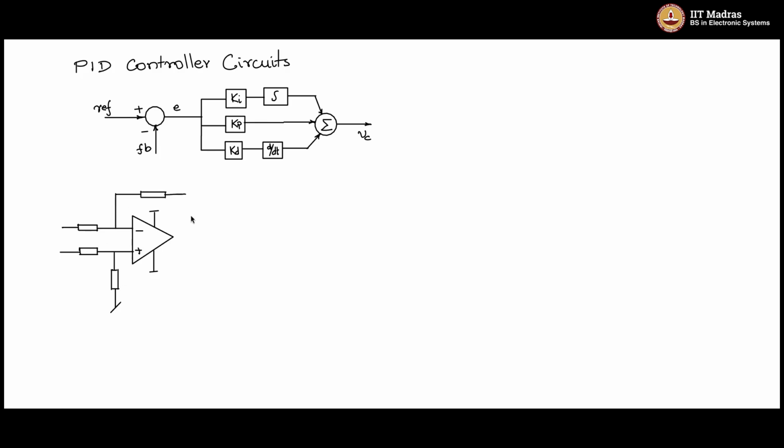All are equal resistances, so that you get the difference of these two. If you have ref and feedback here, then E is equal to ref minus feedback. Then the output of this goes through these three paths.